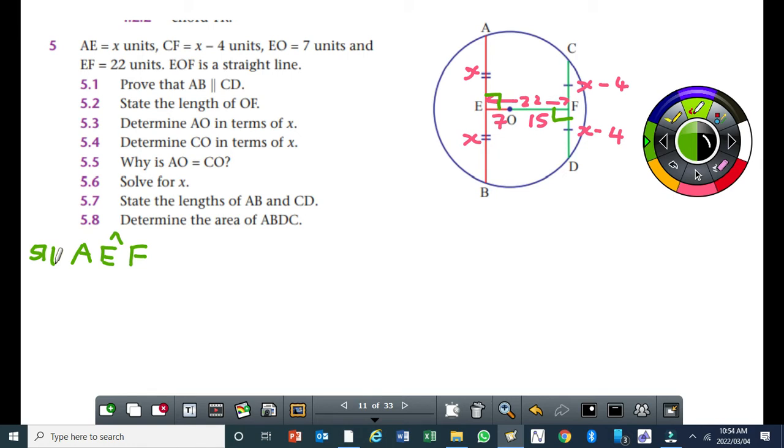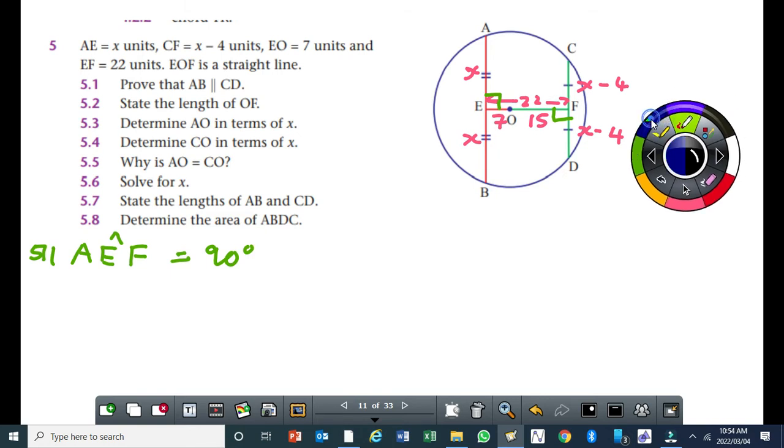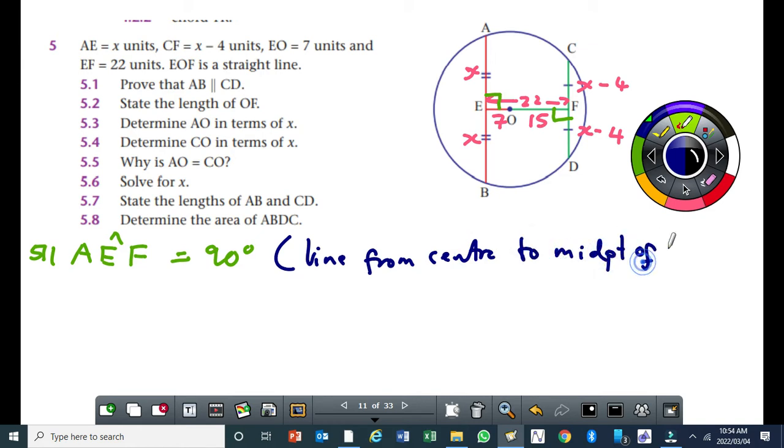So we say AEF is equal to 90 degrees, and our reason is the converse of theorem 1, that is, line from center to midpoint of chord. As long as a line passes through the center of a circle, if it bisects a chord, that line will be perpendicular to the chord. That's the converse of theorem 1.